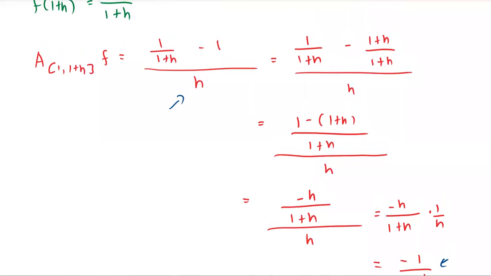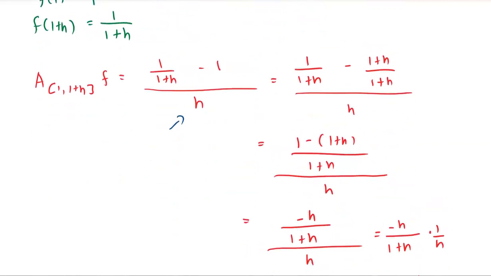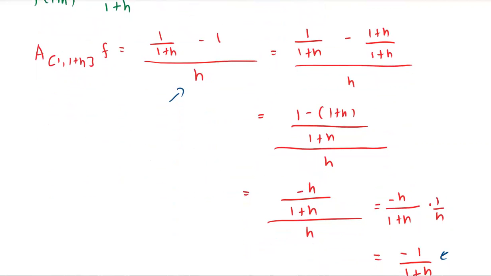And that's basically it. This is the hardest type of problem that you're going to have to do in the homework for average rate of change. Now, again, the average rate of change is useful if you want to assign a number to approximate the change of a function on an interval. For example, if your function defines revenue, and your inputs are units produced, so you have a relationship between units produced and revenue.